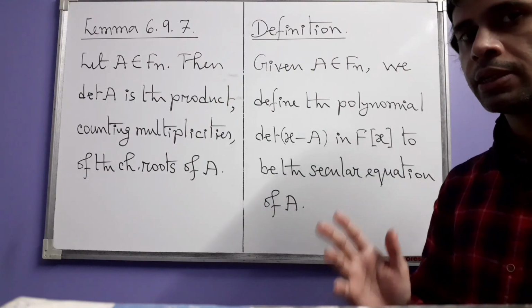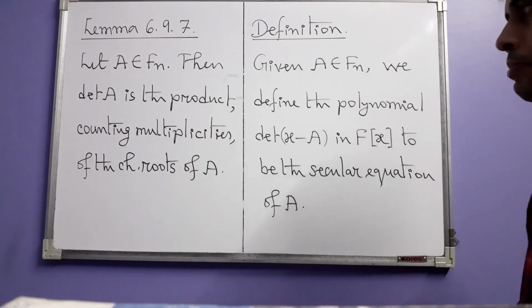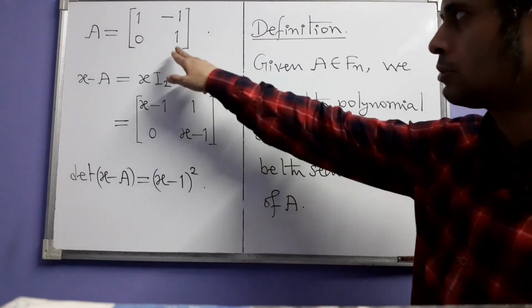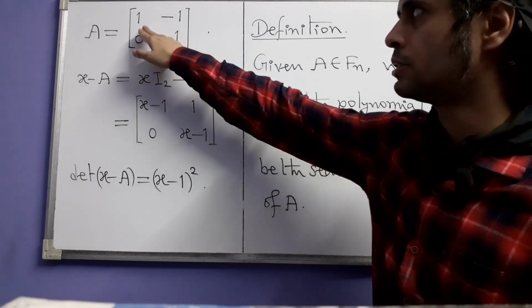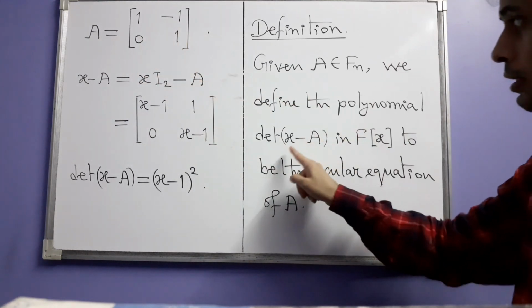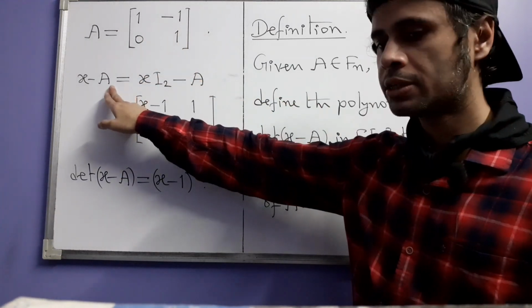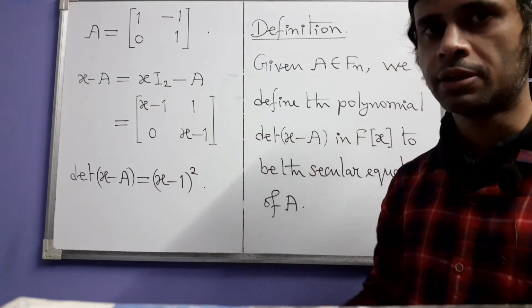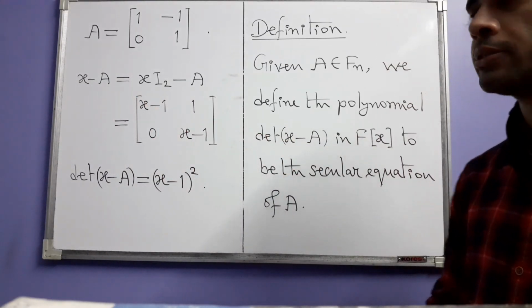And let's try to understand this with an example. For the sake of simplicity, I have taken a 2 by 2 matrix A here, whose entries are 1, minus 1, 0, 1. Now what is x minus A? X minus A of course does not mean that we are subtracting the matrix A from the variable x, which does not make any sense.